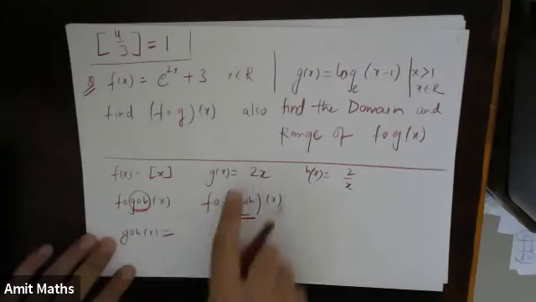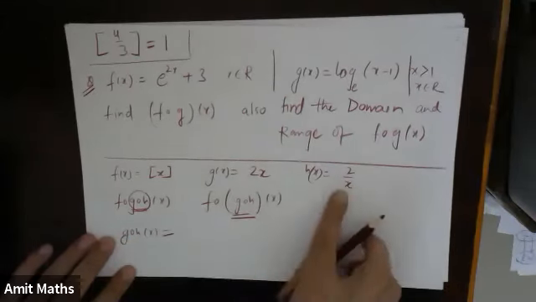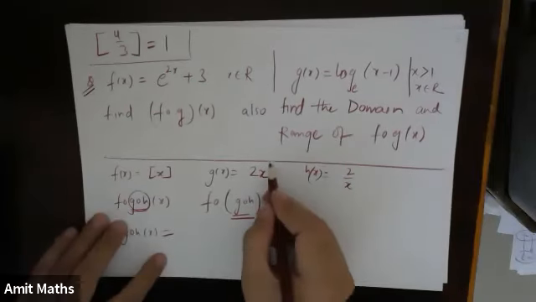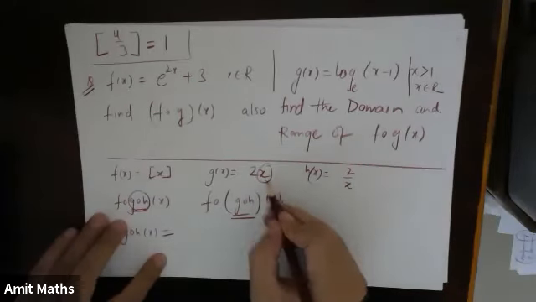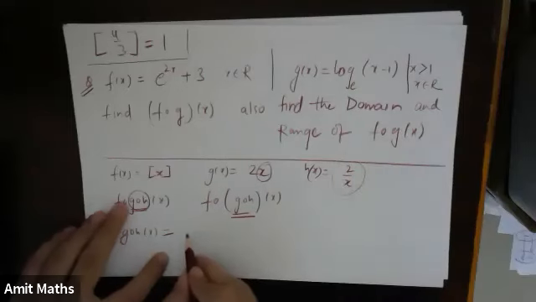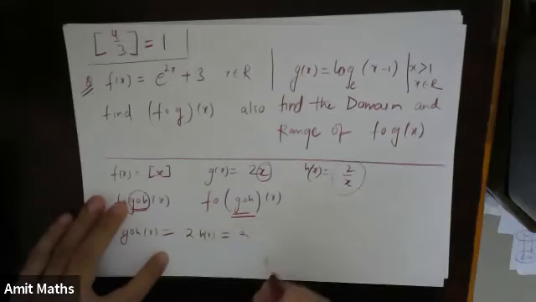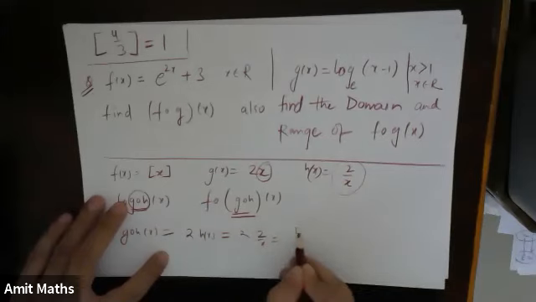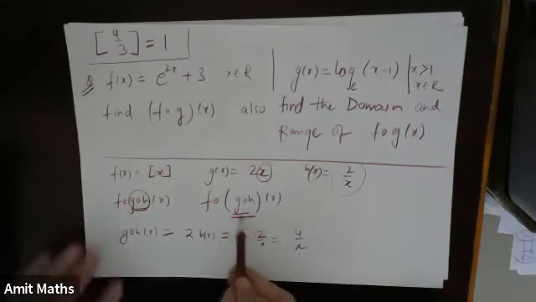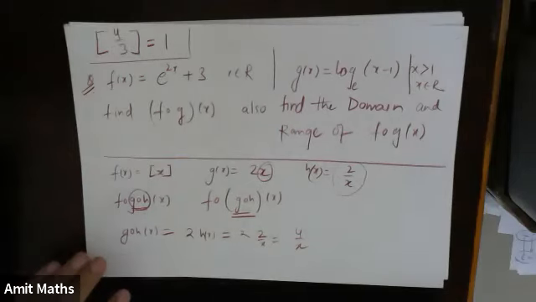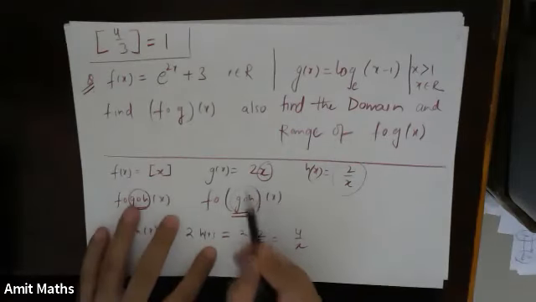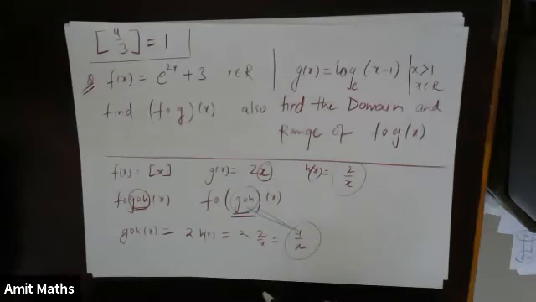So in the function g, instead of x I will substitute h of x. So this becomes twice of h of x, which is nothing but twice of 2 by x. So this becomes 4 by x. So this part is nothing but 4 by x.